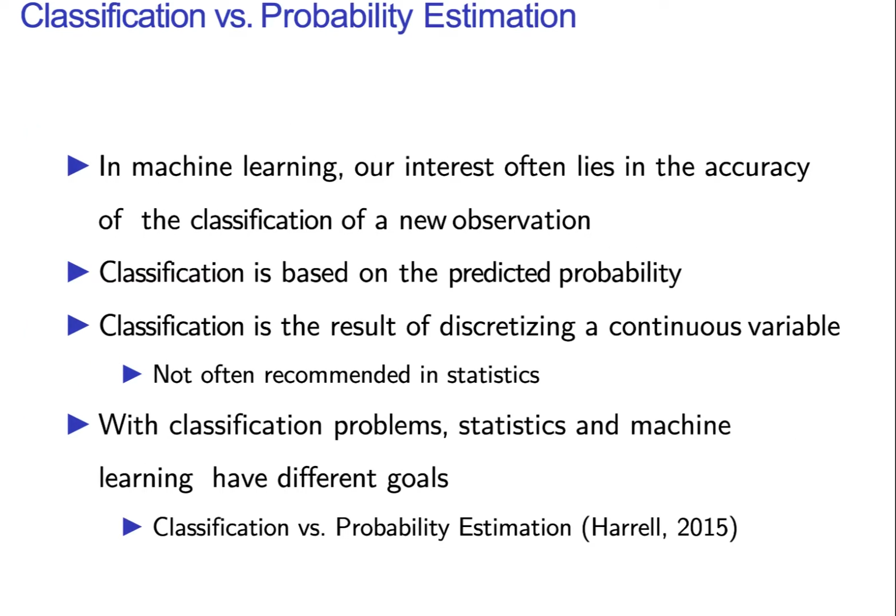Now I would like to talk here about the differences between the classification that you see now in predictive models and what you learned in your statistics and probability estimations.